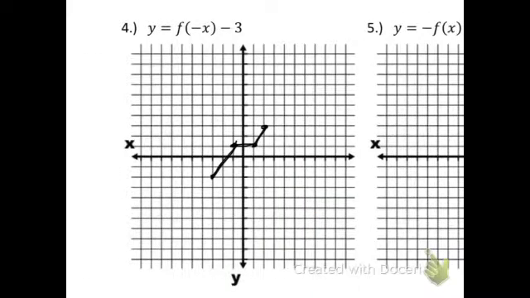Moving on to 4, we need to reflect this one over the y-axis and then move everything down 3. So it's got multiple transformations going on here. Let's reflect it over, and we actually did that on number 2. These guys traded places. This guy here has moved to the left side, and this guy here moves over to the right side.